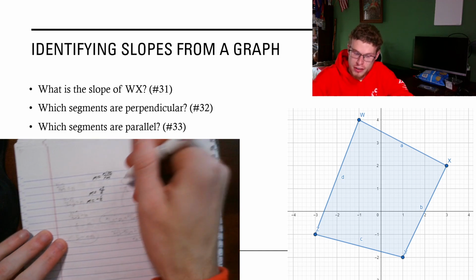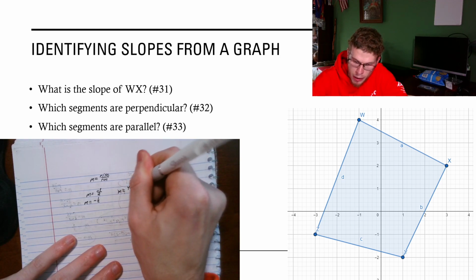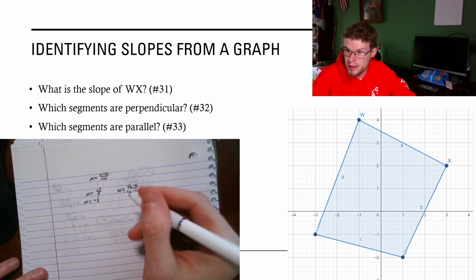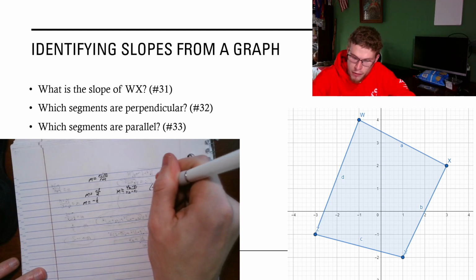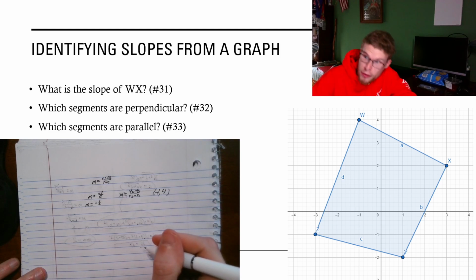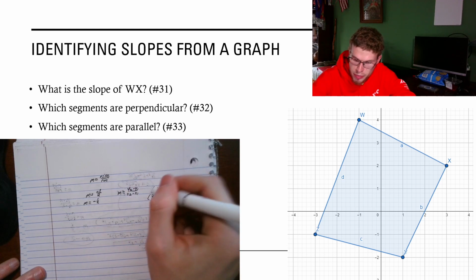Now, I can also determine it algebraically, which I'll do real quick. M equals y2 minus y1 over x2 minus x1. Okay? I have my point W. I see that point W is at negative 1, 4. And I see that my X point is at 3, 2. So that means I could just plug these in.